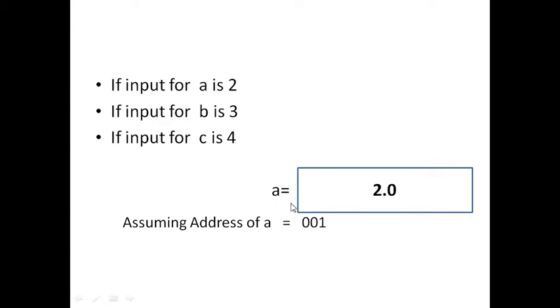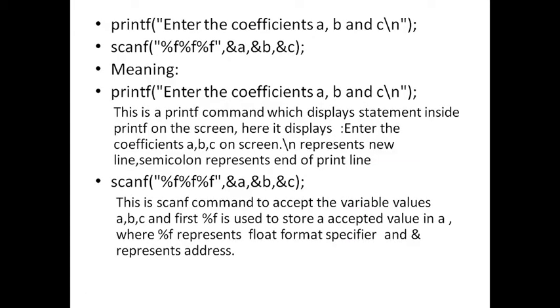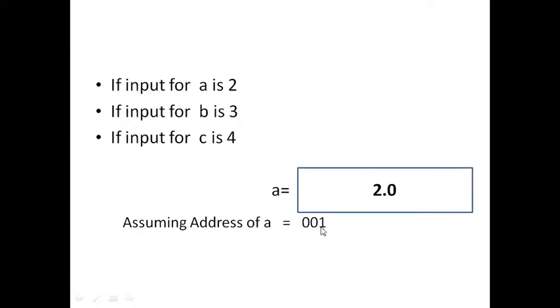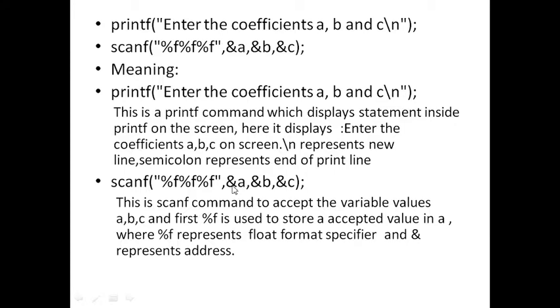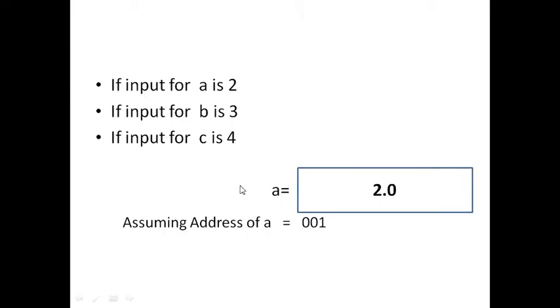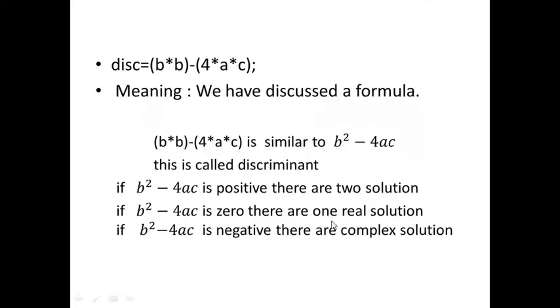So 001 is the address and 2 is the value stored in A. In this address 001, value 2 is stored in A. This address varies; it cannot be the same.